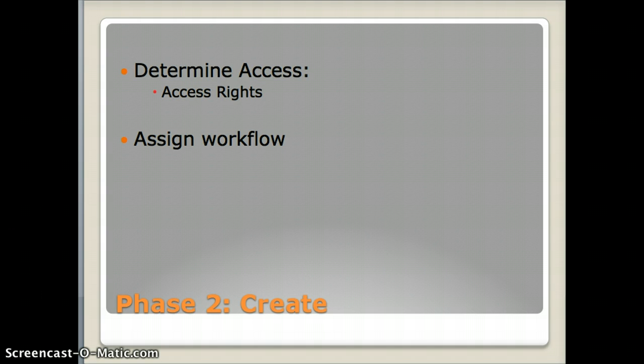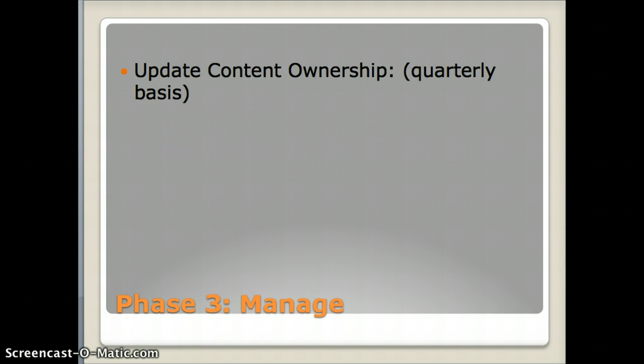So for example, if you're going through and you feel like there's a certain part of the web page that you want to go over, you can make note of that and go back to it before the final release. So this is the create phase, and this deals with how the content is managed, which leads into the final phase of content governance, which is manage.